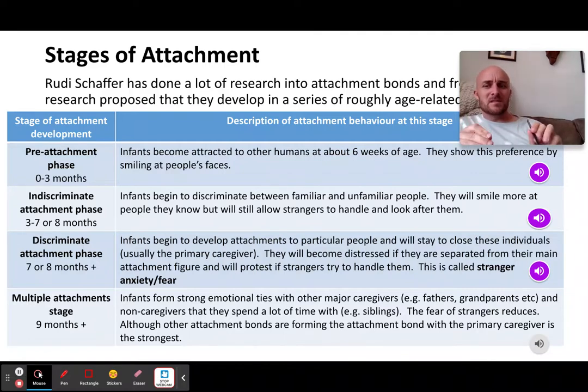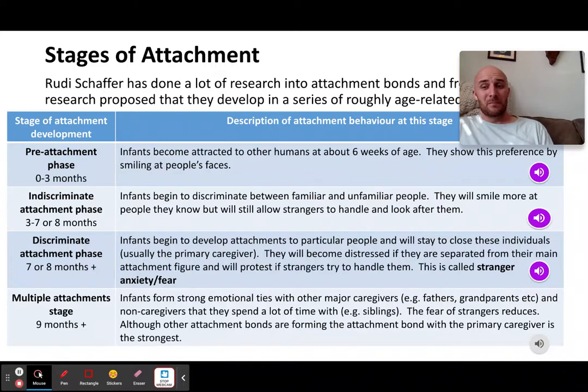Now, around about 7, 8, potentially 9 months of age, you are going to start caring who picks you up. You are going to start discriminating against who picks you up. And the first attachment is usually the parent who is most sensitively responsive to you, who understands what your needs are the best.